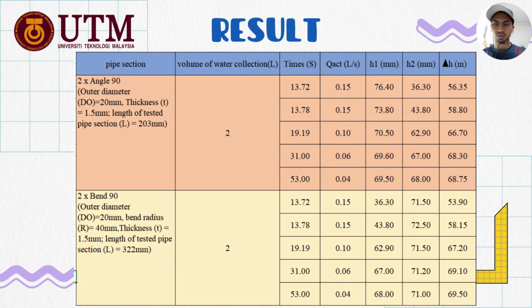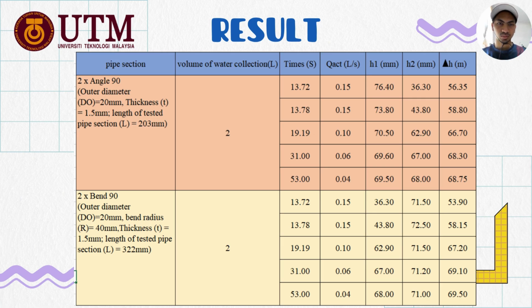And here is the two times angle 90 and two times span 90. Also the volume of the water collection is 2 liters, and you can look at the results we got for the times for collecting the 2 liters of water, and the volumetric flow rate for each pipe section.